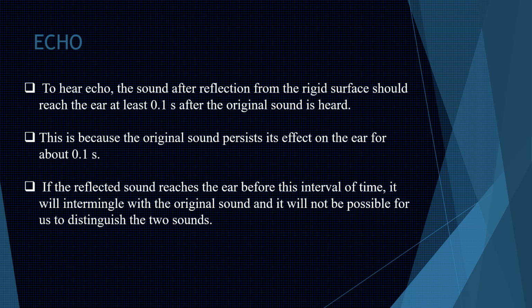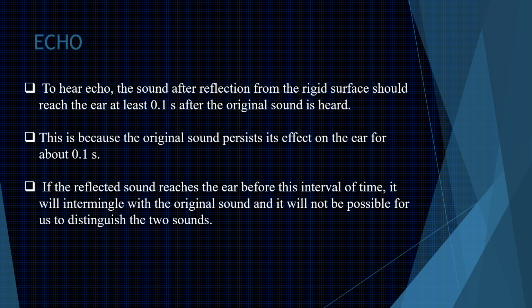To hear echo, the sound after reflection from the rigid surface should reach our ears at least 0.1 second after the original sound is heard. This is because the original sound persists its effect on the ear for about 0.1 second.